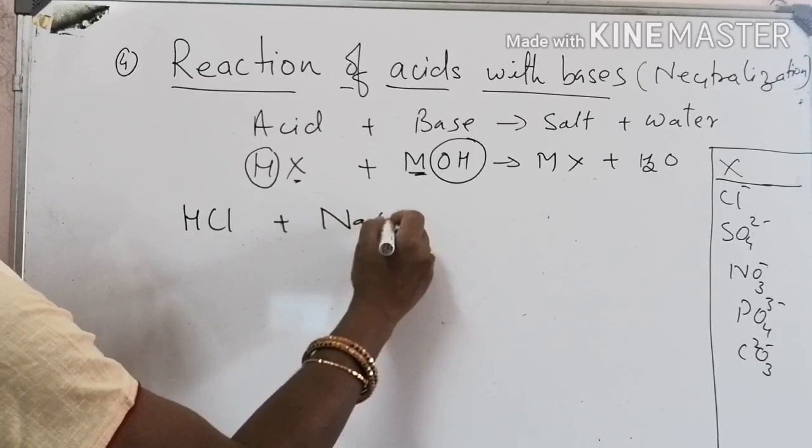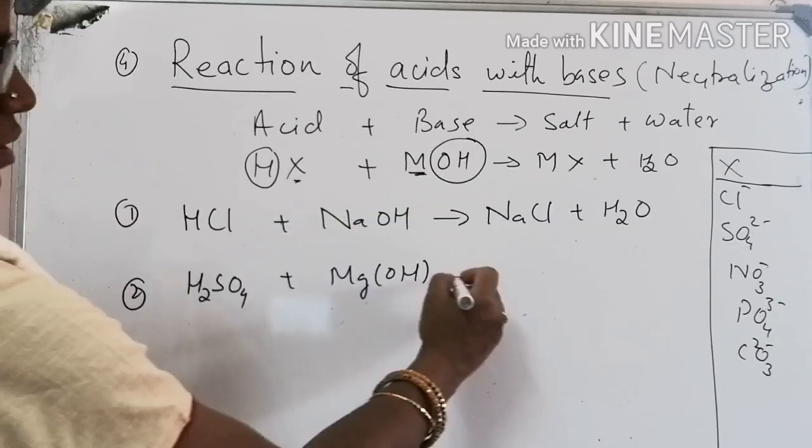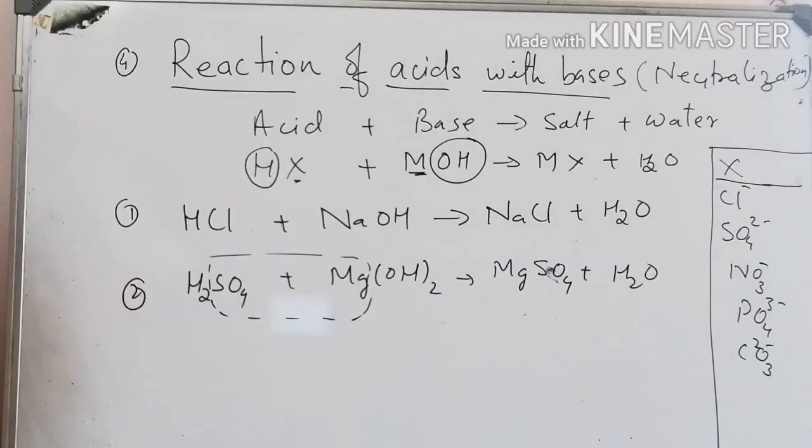Likewise, second example, sulfuric acid H2SO4 plus magnesium hydroxide form magnesium sulfate plus water. That means here you can see this sulfate radical combined with magnesium form magnesium sulfate. Likewise here chloride radical combined with sodium to form sodium chloride.